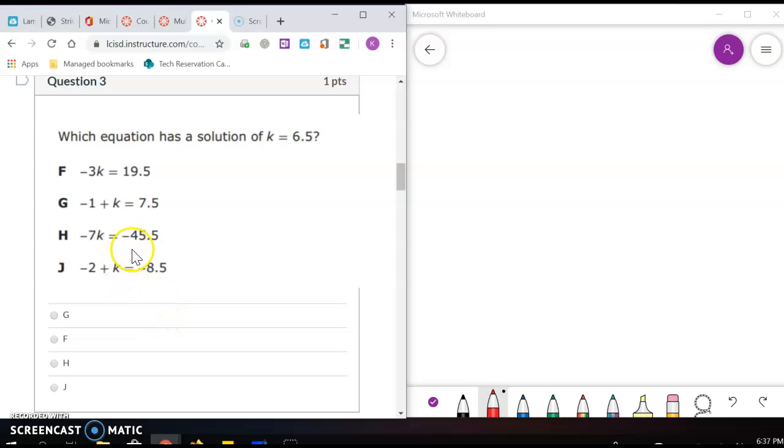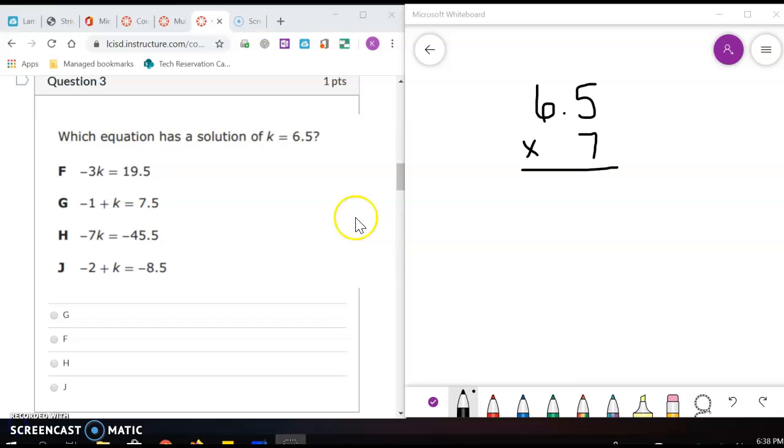-7 times 6.5 equals -45.5. So I already know if I do a positive 6.5 times a -7, it's going to give me a negative answer. So I'm just going to add that here and then multiply like normal. 5 times 7, or 7 times 5 is 35. 7 times 6 is 42. And then add 3 to that, that gives you 45.